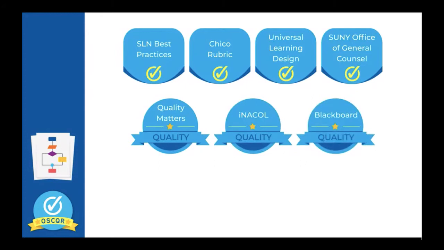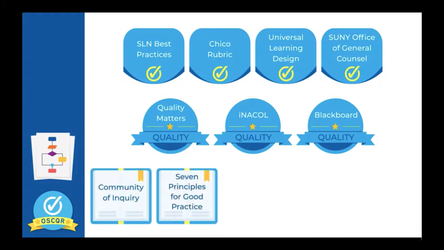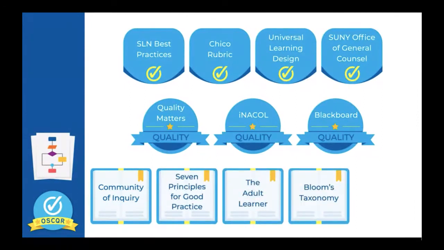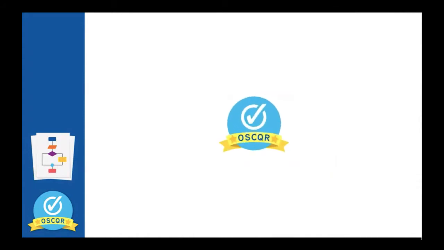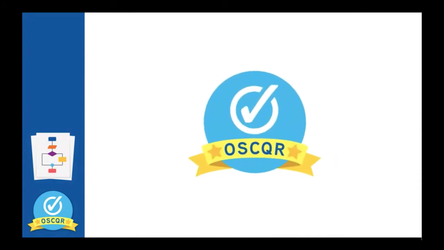The resulting 50 standards in the rubric target online instructional design and incorporate the Community of Inquiry model, the 7 principles of good practice in undergraduate education, the adult learner, Bloom's taxonomy, and how people learn, and have been mapped to the SUNY Online fundamental and core competencies for online course design.